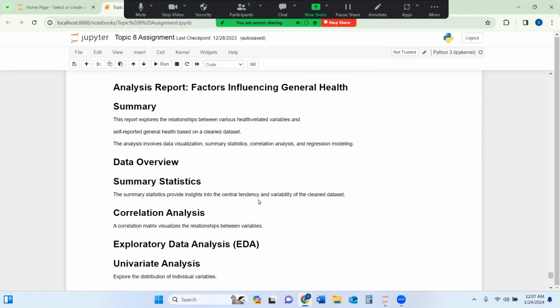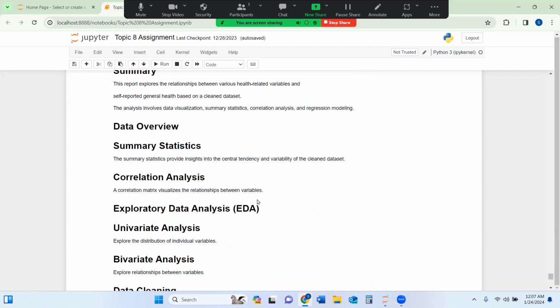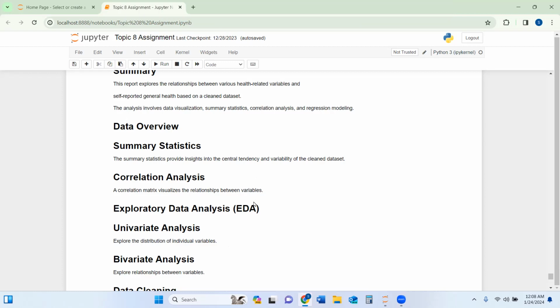Now for the summary of what I did, the report explores the relationship between various health-related variables and self-reported general health based on a clean data set. The analysis involves data visualization, summary statistics, statistical correlation analysis, and regression modeling.